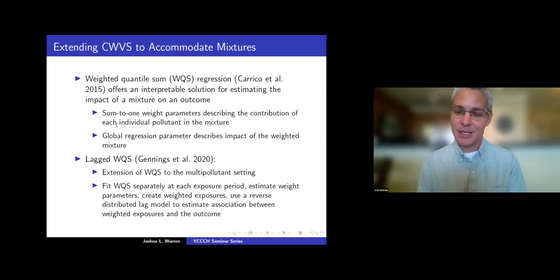The weights are estimated, the mixtures are combined based on those weights, and then those packaged mixtures are thrown into a distributed lag model to estimate similar curves as what I've been showing you so far. So the estimation of the weights and their relative importance in the mixture are done separately from the estimation of the regression parameters as well. So this is more of a two-stage approach.